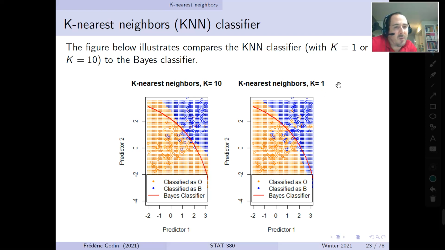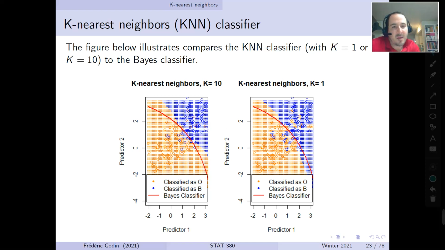So we can see that when K is too small, the prediction would be very impacted by idiosyncratic data points. Because this idiosyncratic orange point is here, this impacts predictions here, and this leads to a lot of variability of predictions compared to K equal to 10, where you wouldn't have a blue classification here, because when you average across 10 neighbors, clearly there are more neighbors that are blue.